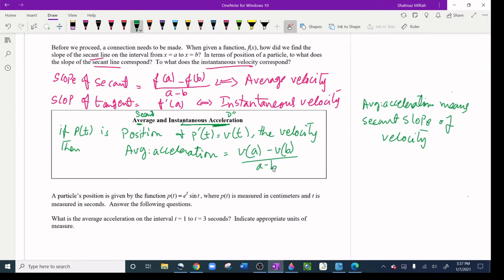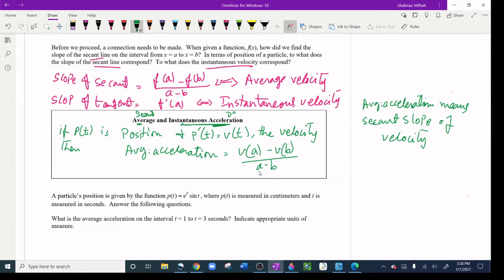Remember, I never said position, right? So since they are asking average acceleration, with the average I know it's a secant slope, but for acceleration I have to have a secant slope of a velocity.